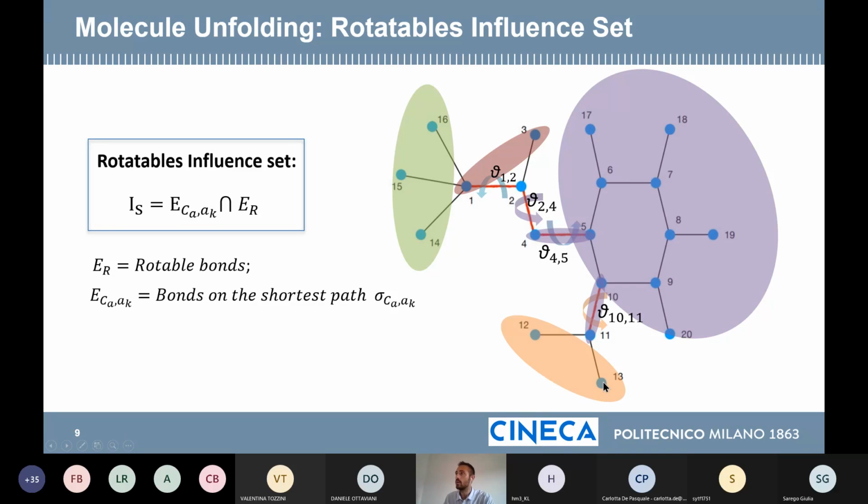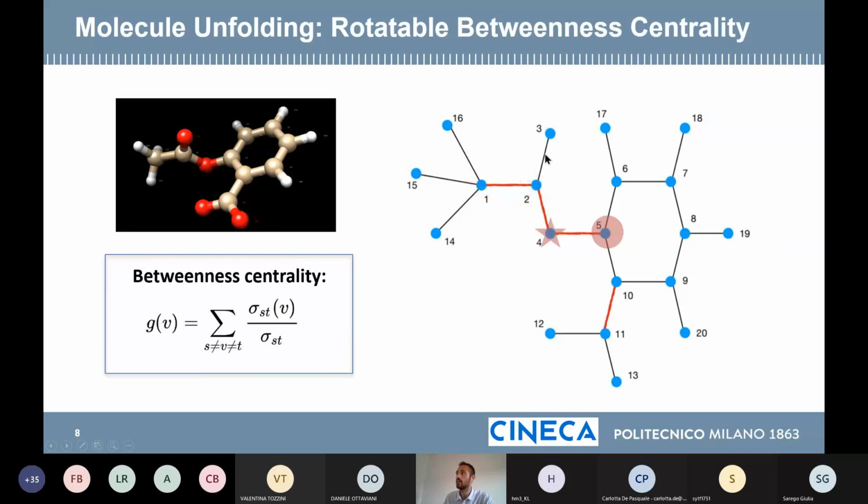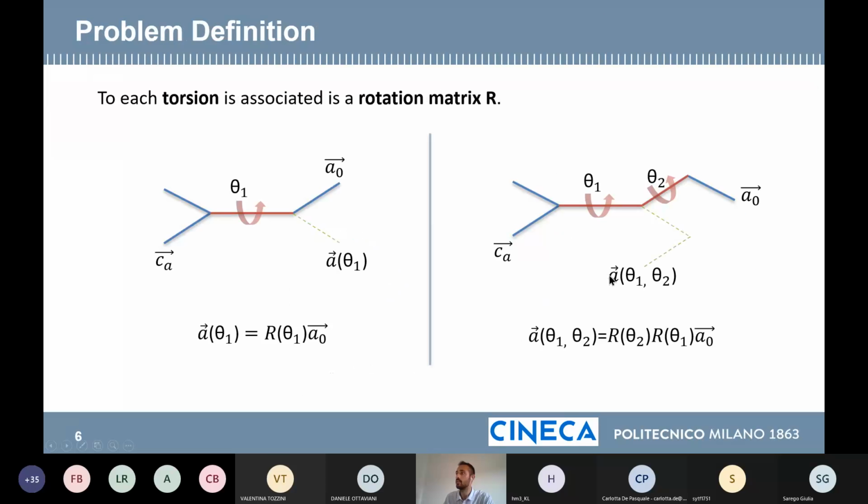So if you fix the position of 13, then you have to vary the position of 16, which, as we've seen before, may depend on all the rotations.